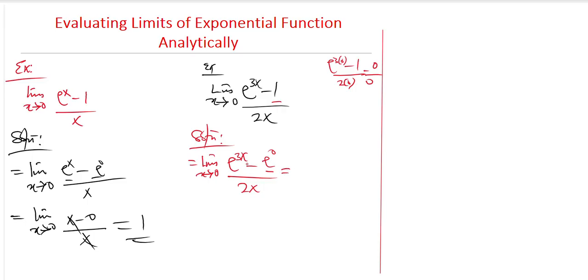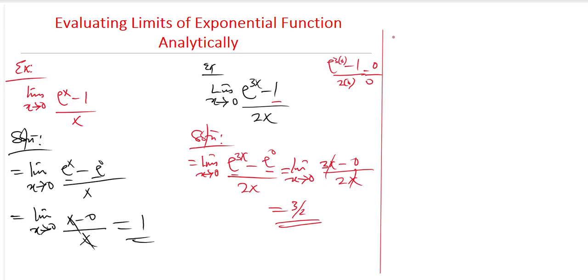And since they are in the same base, we are going to have the limit as x approaches 0 of 3x minus 0 all over 2x. x will cancel out x, so we have 3 minus 0, which is 3, all over 2. The final answer is 3 over 2.